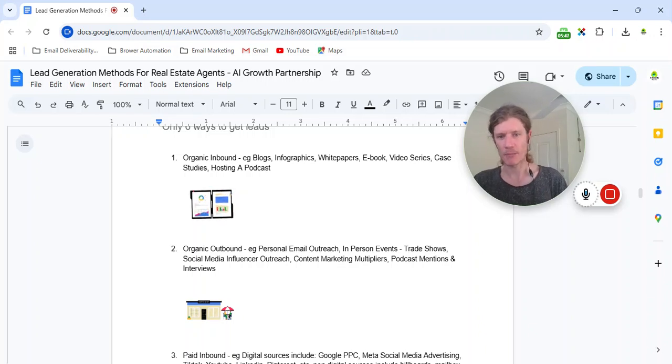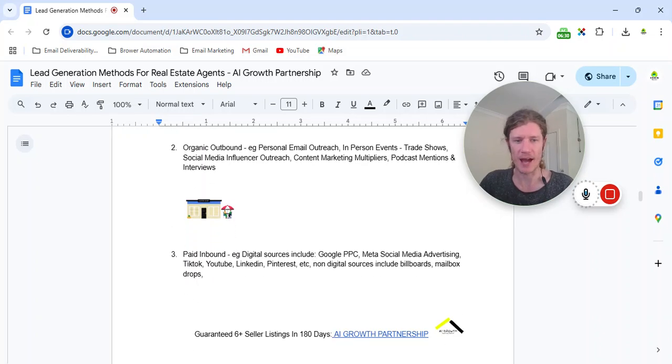Maybe this is content multipliers, being able to use the content that you've created and present that individually, like with direct email outreach to people where you think they might benefit from it. And podcast mentions, so having your work talked about, having interviews done on you. This would be organic outbound. So this is you going out to present your offer, to push your offer onto people who otherwise wouldn't know about it.